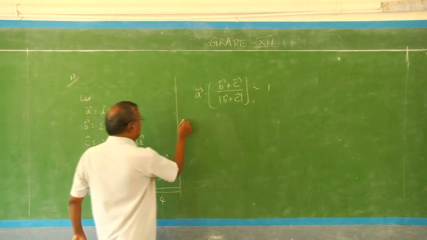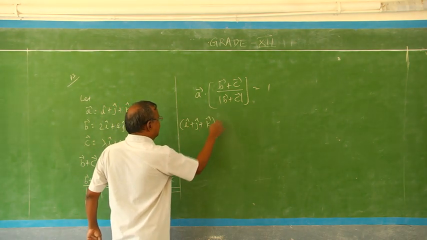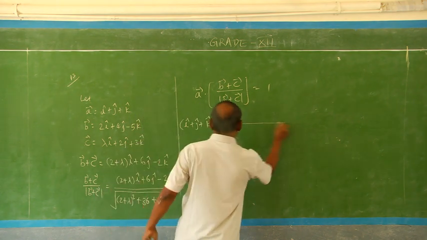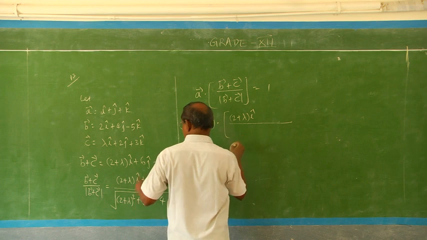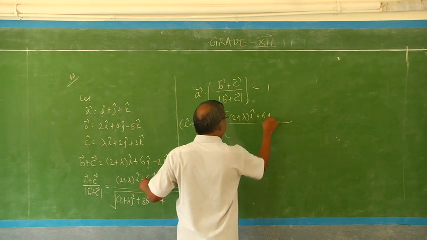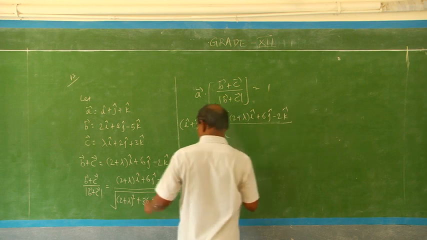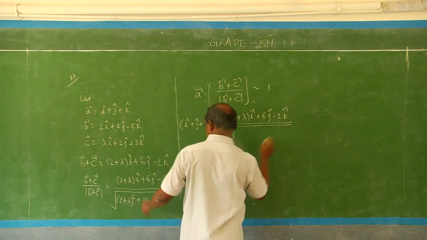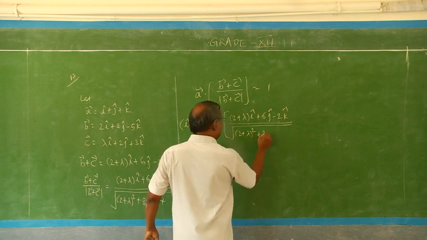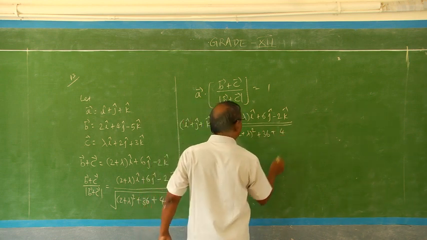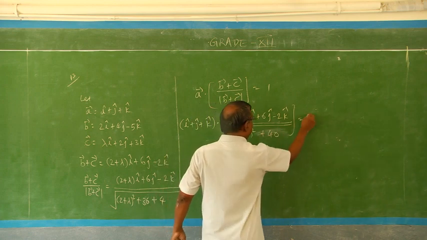That is i cap plus j cap plus k cap dot, what is this? (2 plus lambda) i cap plus 6 j cap minus 2 k cap divided by root of (2 plus lambda) whole square plus 36 plus 4. That is 36 plus 4, we can write 40, equal to 1.